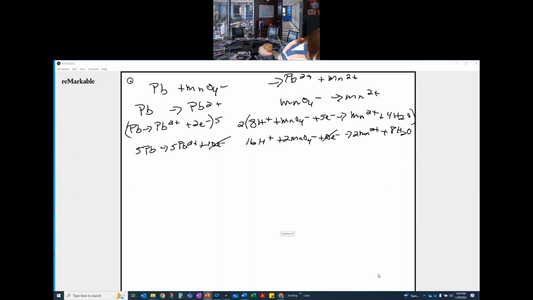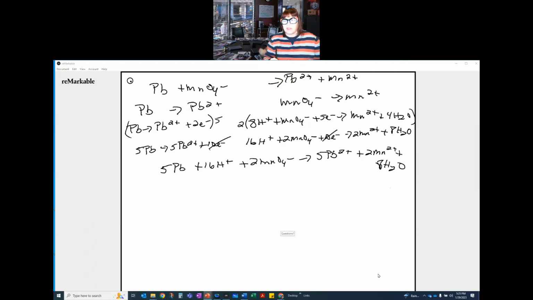10 electrons, 10 electrons. So 5 Pb plus 16H plus 2 MnO4 minus goes to 5 Pb2 plus 2 Mn2 plus 8 H2O. Let's check Pb, H, Mn, O, and charge.